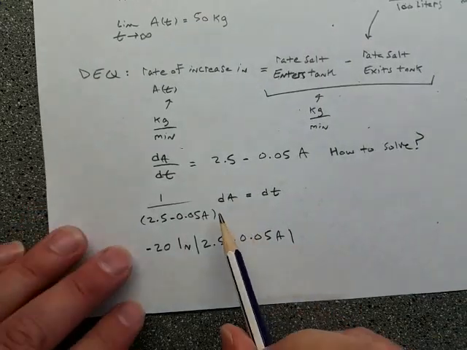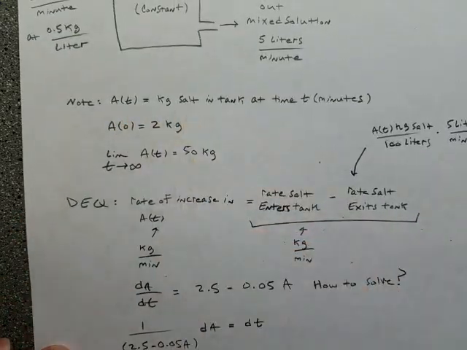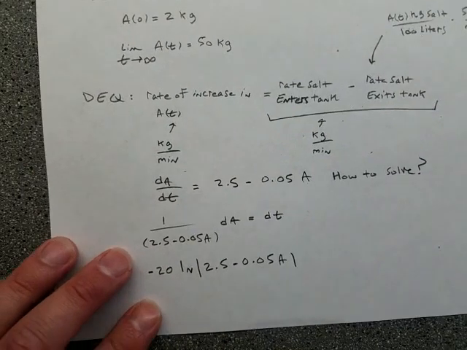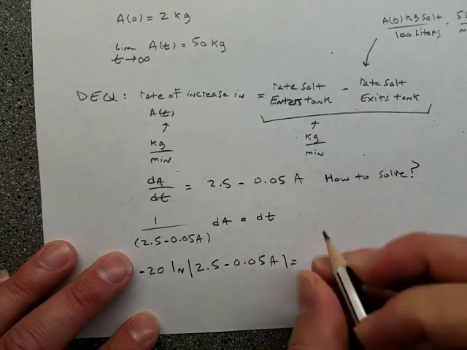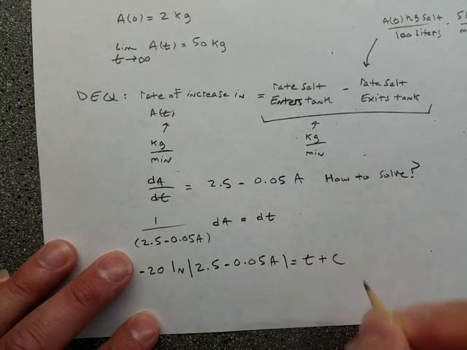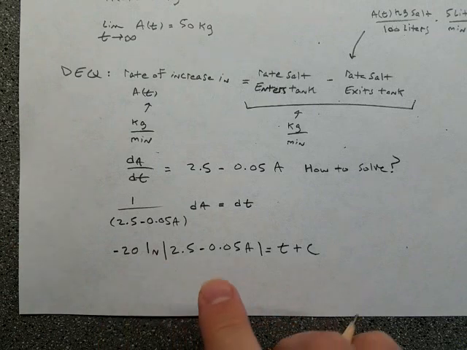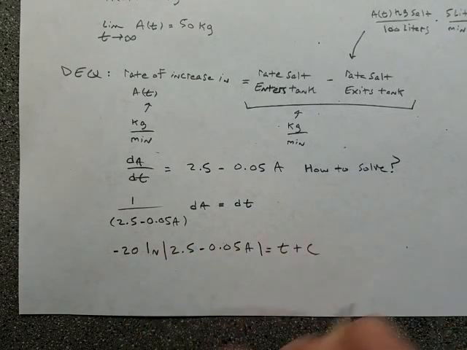A being this function that tells you how many kilograms of salt are in the tank. Okay, now that's on the left. That's what we get by U substitution. And over here, T plus C. All right, that's like many other separable differential equations that we get.